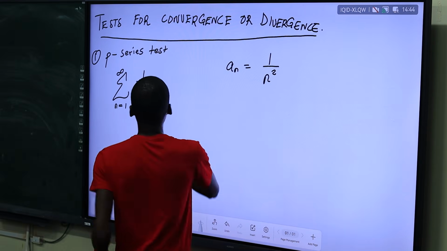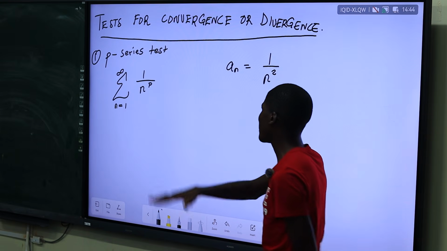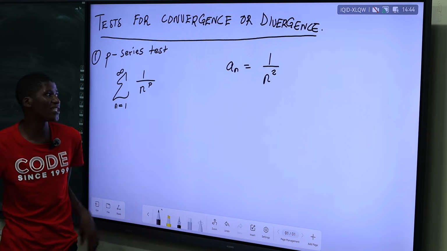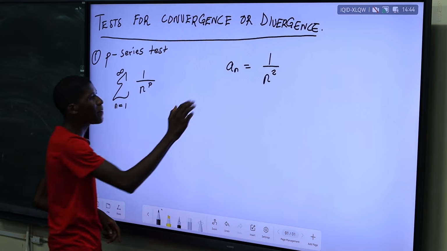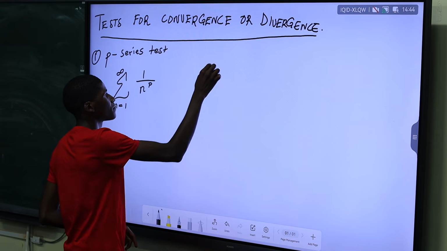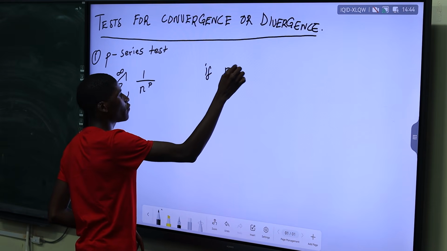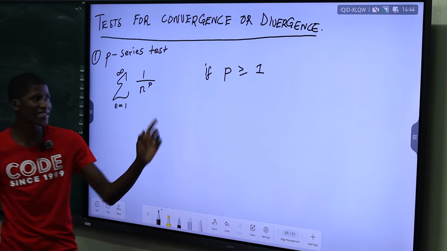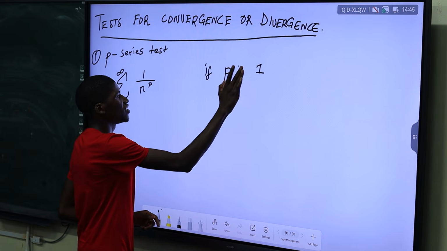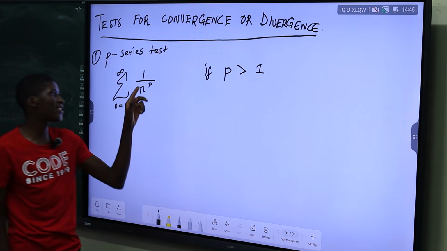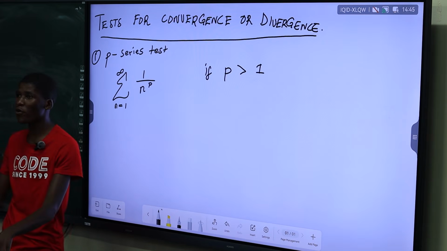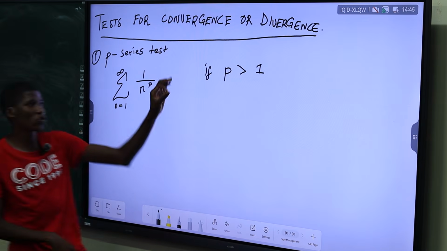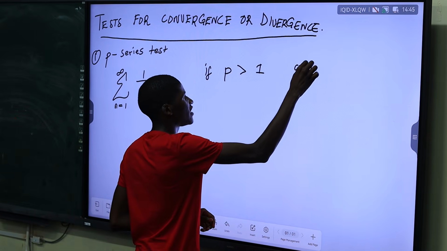So how do we see whether a p series is convergent or divergent? We look at the exponent that we have, which is the value of p. If the value of p is greater than 1, we say our p series converges.